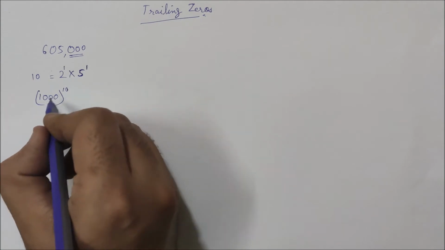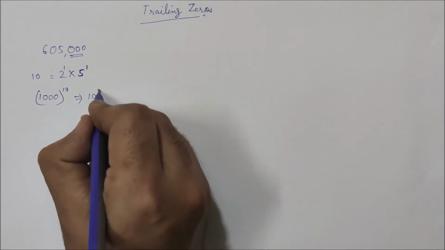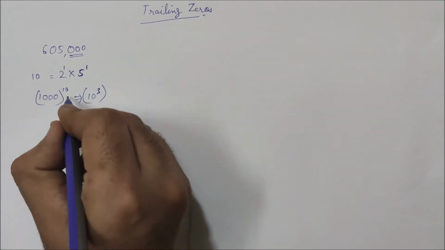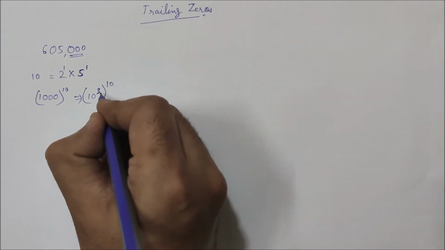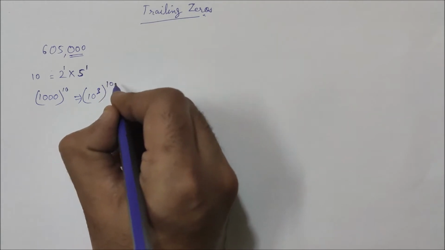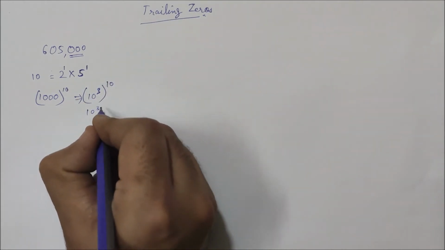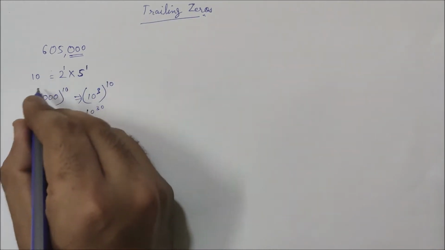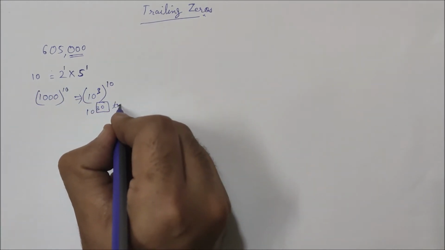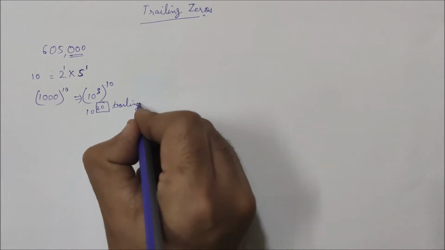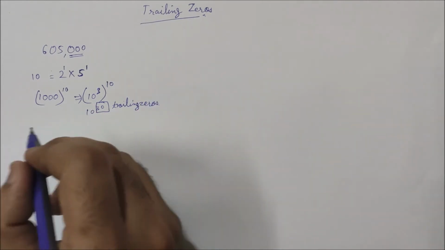So I can write 1000 as 10 to the power 3, and 10 to the power 3 raised to the power 10. A rule of indices says that when a power is raised to another power, the powers get multiplied. So this can be written as 10 to the power 30. That means this big number has 30 trailing zeros.